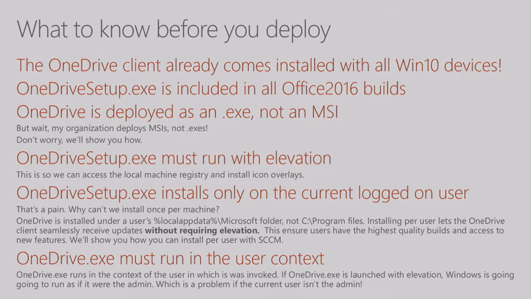And it's going to be trying to reference the settings and log files of the admin user. And you can see why this might be a problem if the current signed-in user isn't the admin. So if anyone has ever seen that dialogue in their own deployment that says OneDrive can't be run with system or admin privileges, this is why. This is what we're trying to protect you against.